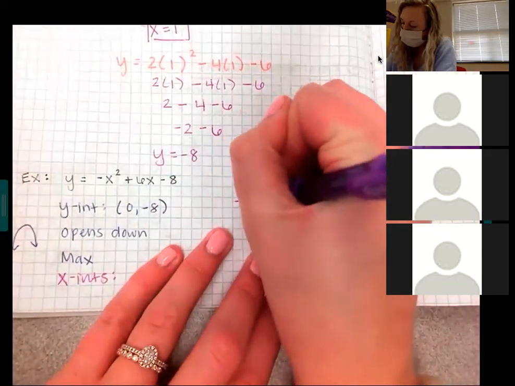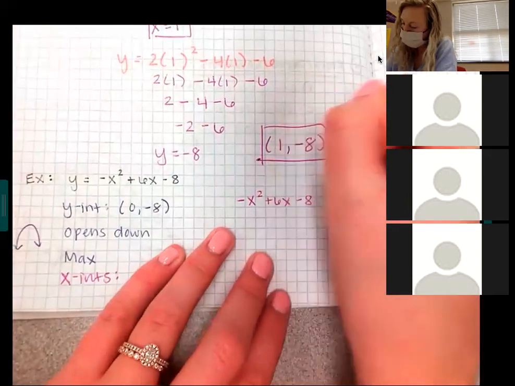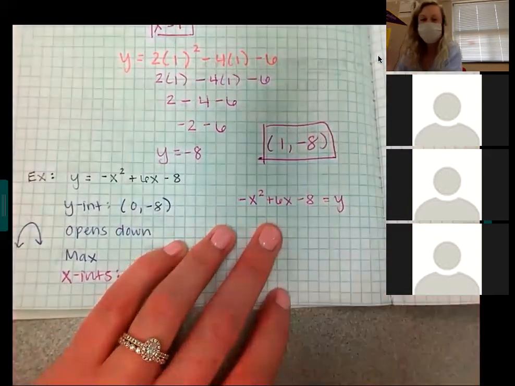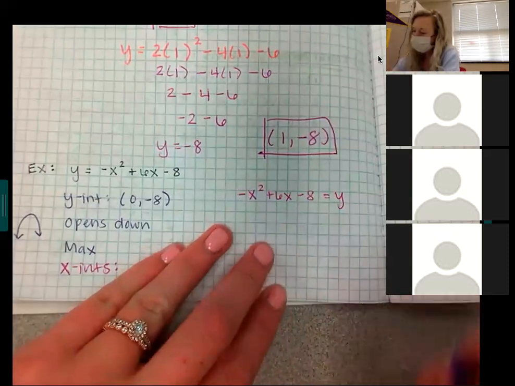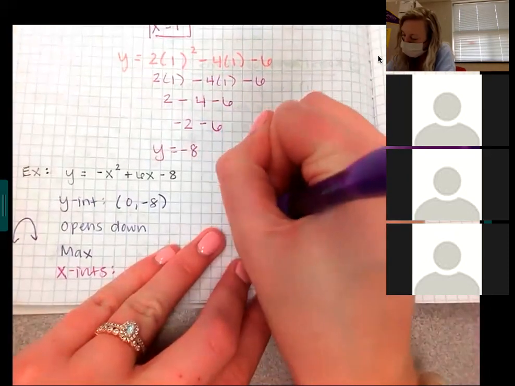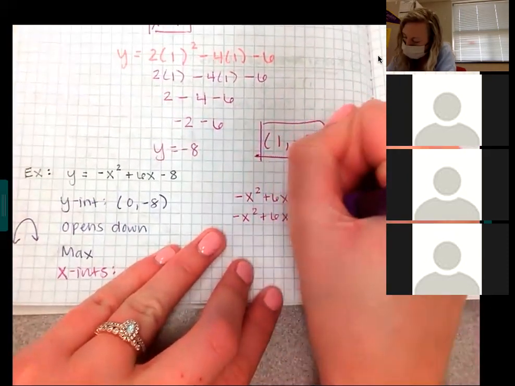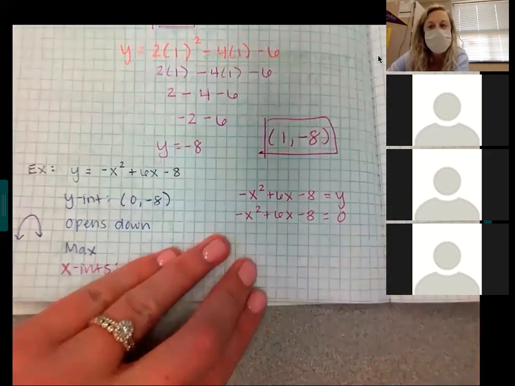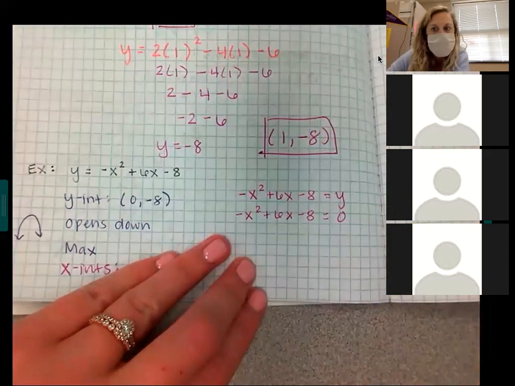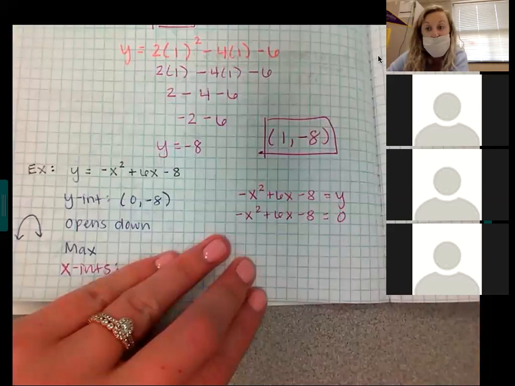For the intercepts, can you guys remind me what I'm supposed to do? Turn the y into a 0. Good job. Set it equal to 0, because if it's an x-intercept, the y should be 0. What do we do next? Factor it. Now, I did this one for a reason.